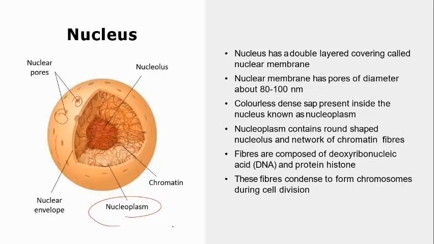The nucleoplasm contains a round-shaped nucleolus and a network of chromatin fibers. These fibers are composed of DNA or deoxyribonucleic acid and the protein histone. These fibers condense to form chromosomes during cell division.